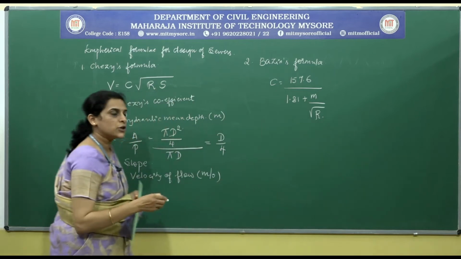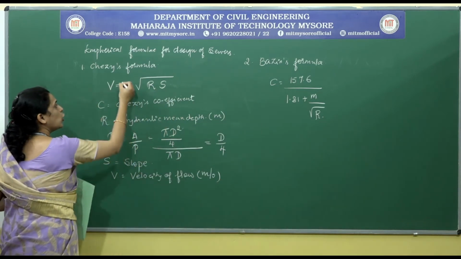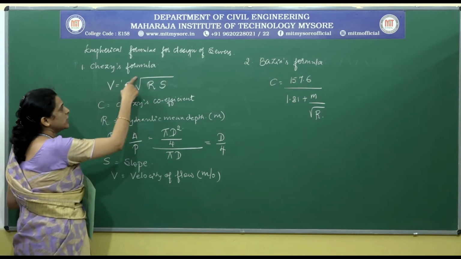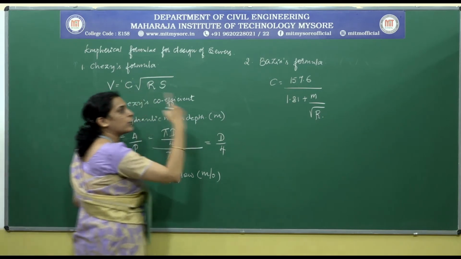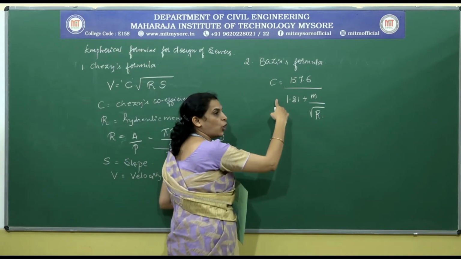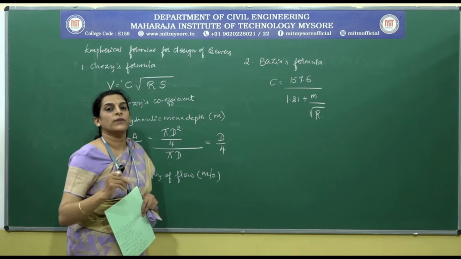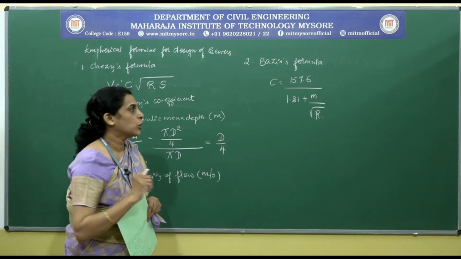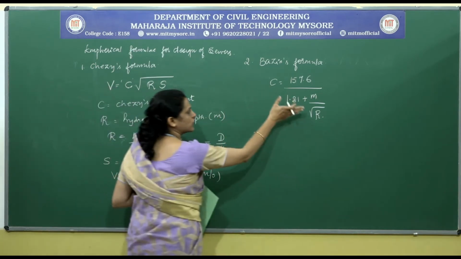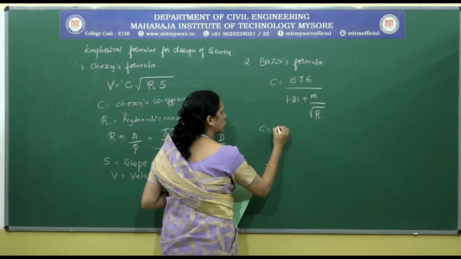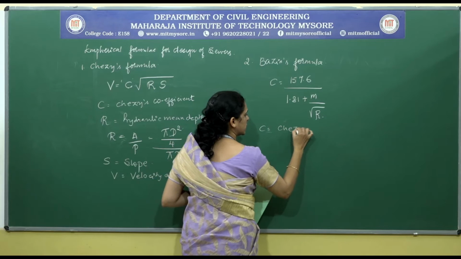We can just observe here the value of C that has to be incorporated in Chedji's formula can be adopted from this formula, that is using Bazin's formula, or one more we have Kutter's formula. So, we can calculate the value of C using this formula where C is equal to the Chedji's constant.